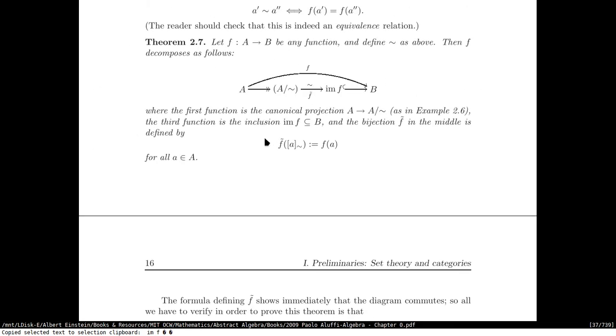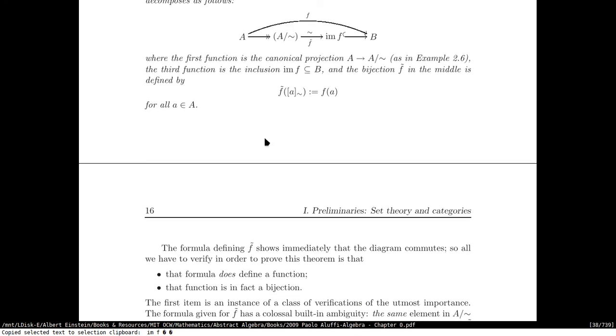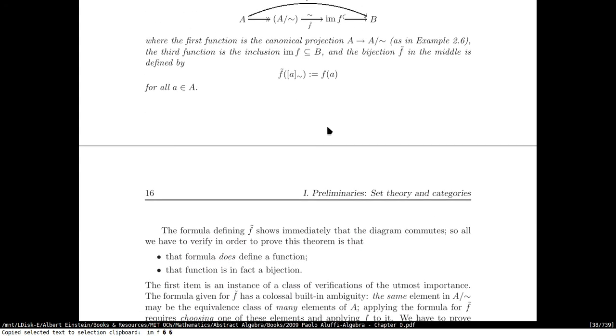So this is how you can decompose f into sub functions, essentially a composition of these functions. We have to show that this diagram commutes and that f can actually be decomposed. That's the theorem.